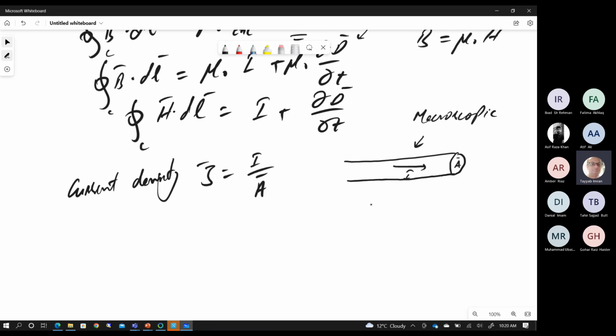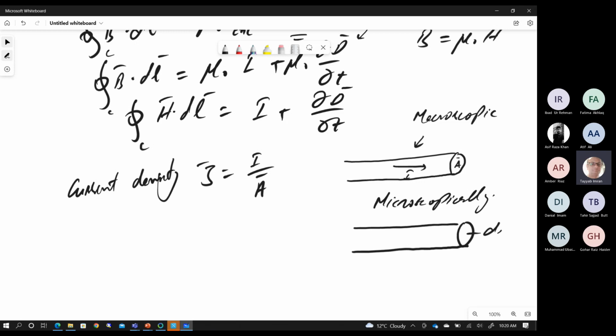And if we see this microscopically, this is dA and the current definitely is I. The only difference is area.